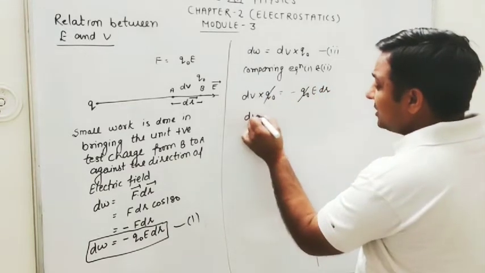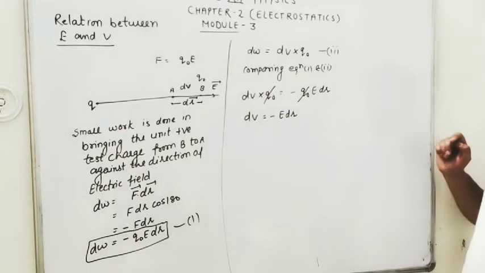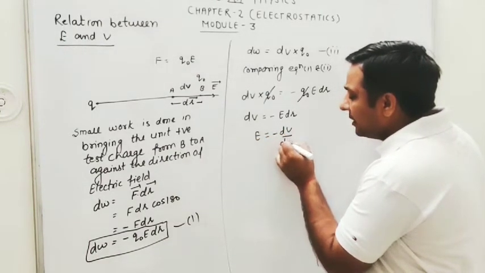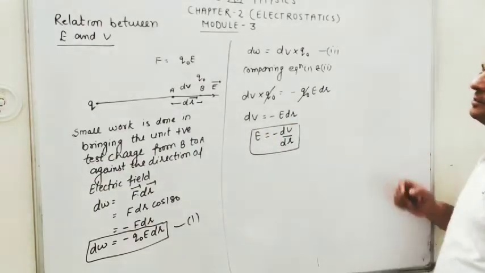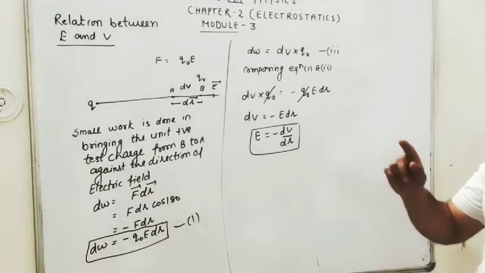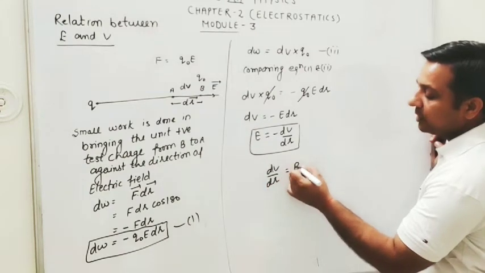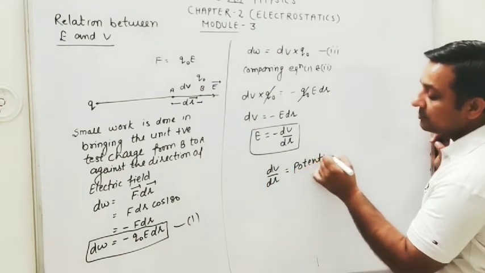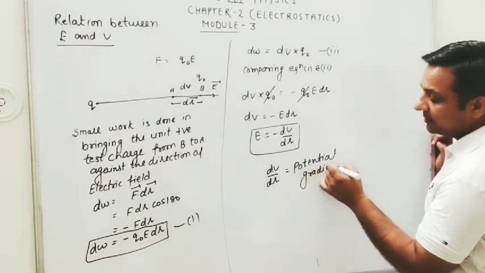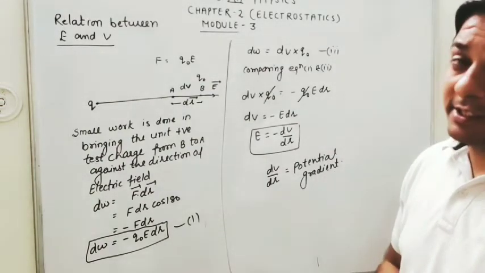So dV is equal to minus E into dr, and E is equal to minus dV by dr, and this is the relation between electric potential and electric field. dV by dr, that is the potential with respect to distance, so it is called the potential gradient, and this is the relation between electric field and potential gradient.